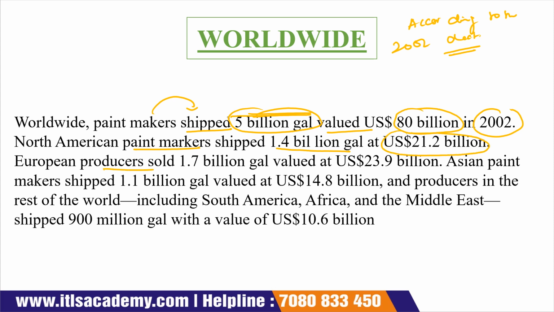European producers sold around 1.7 billion gallons, valued at around 23.9 billion US dollars.